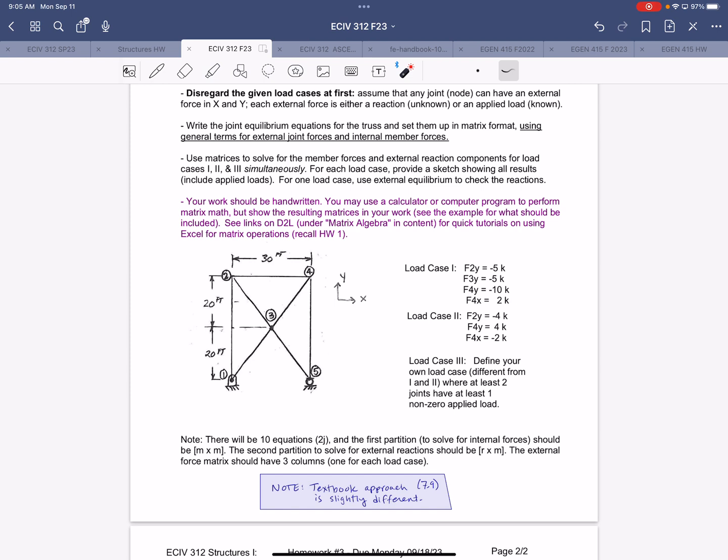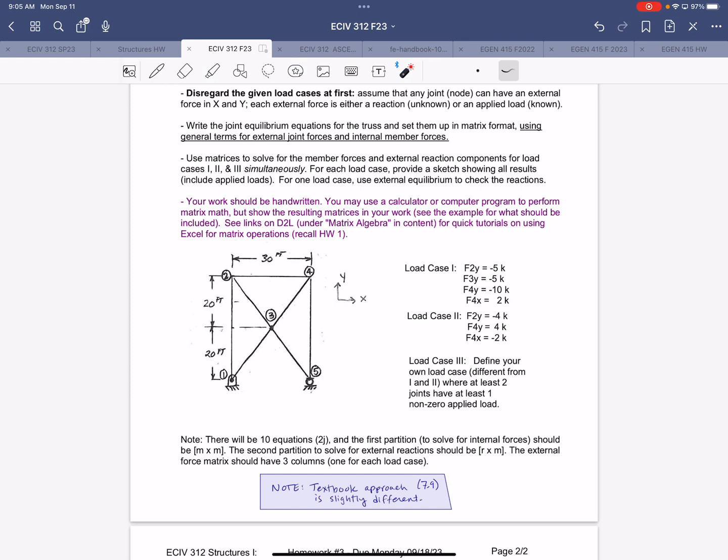All right, so in the textbook, here's section 7.9, and it starts off the same, right? So it starts off by writing the joint equilibrium equations in general terms, actually, they do account for the specific load case, all right? So that's one thing that if you want to follow the method outlined in the book, just keep that in mind to apply it to this assignment, since we're going to solve multiple load cases at the same time.